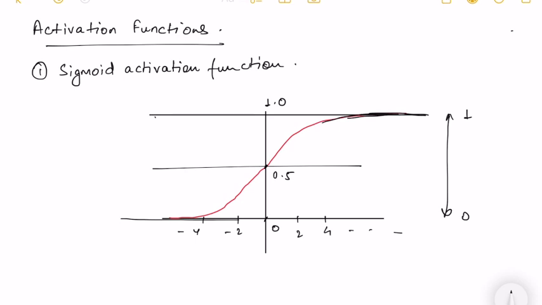So if the neural network is constrained to output values between 0 and 1, that could be useful to interpret it as the probability of something happening when we train these neural networks. Since the probability of anything exists only between the range of 0 and 1, the sigmoid would be a right choice in that case.